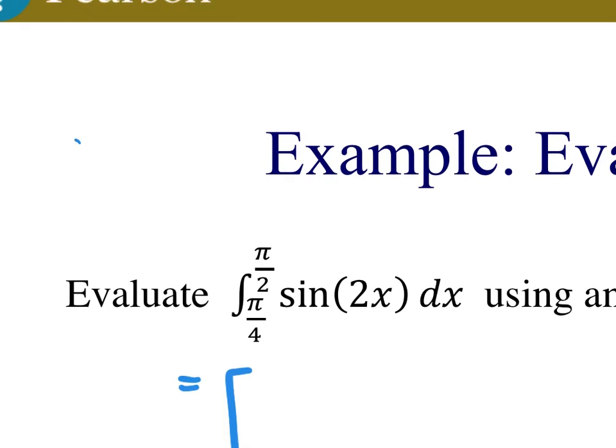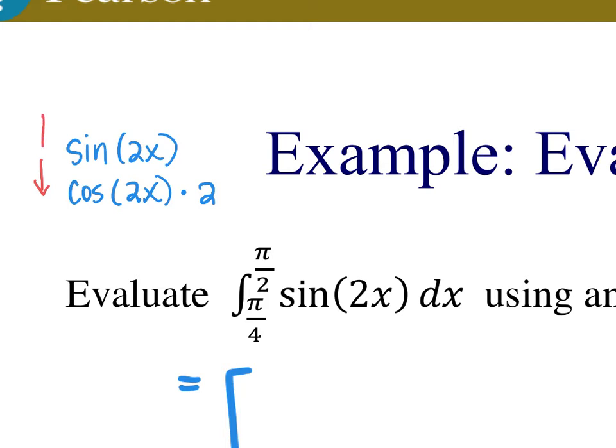Okay, so sine 2x. Let's just remember how the derivative goes. Remember, I've talked about derivatives going in a down direction. So the derivative would be cosine outside first, and I leave the inside alone, and then I multiply by the chain rule of 2.